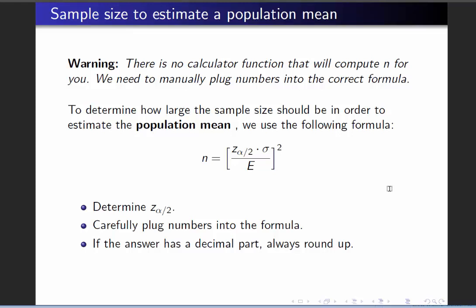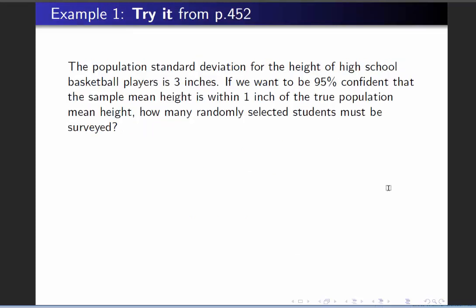Let's go ahead and take a look at a problem. This example is a problem from your textbook on page 452. And as I'm reading this, I'm going to identify my key elements. Let's see. The population standard deviation for the height of high school basketball players is 3 inches. So right away, I see that I have population standard deviation.